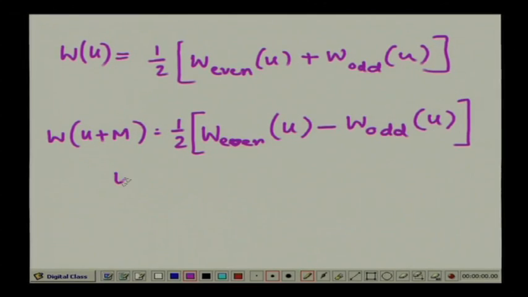In this case u varies from 0 to capital N by 2 minus 1 and M is equal to N by 2.